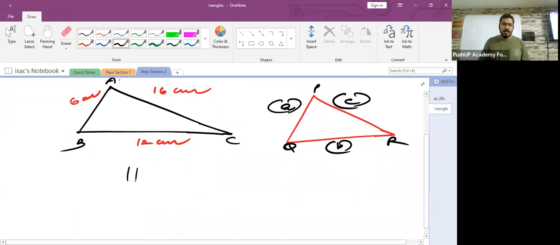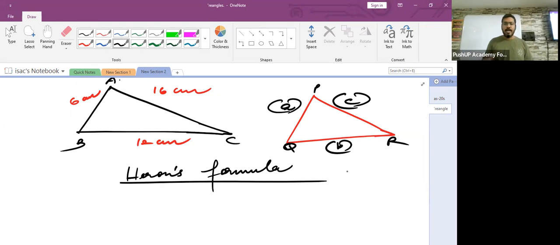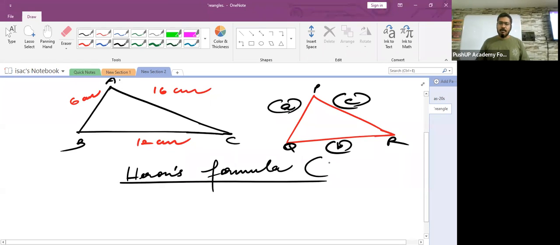So children, we have a formula called Heron's formula in mensuration, which will help us to find the area of a scalene triangle. Can you please make a note of this?